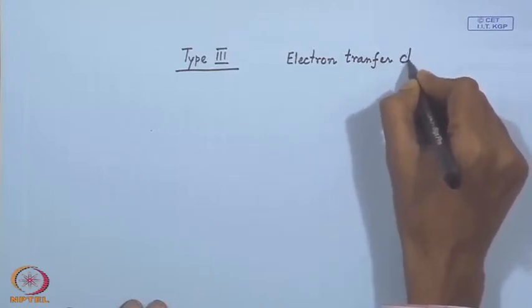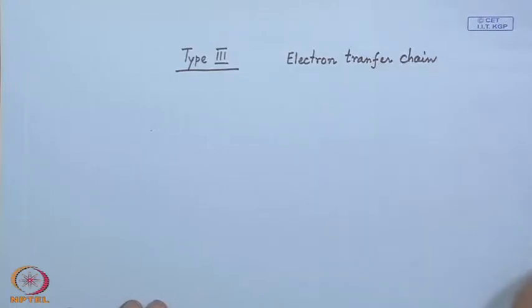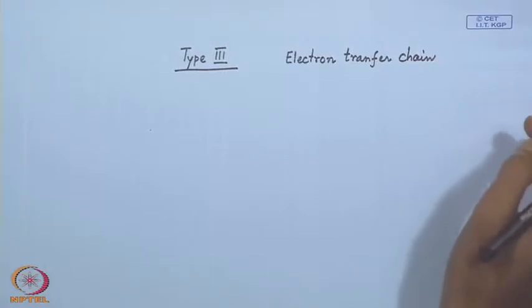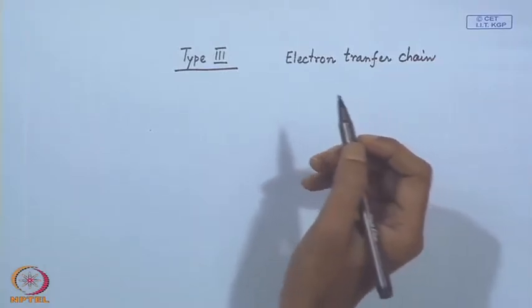So, if we have an electron transfer chain, a type 3 copper site can be involved there.